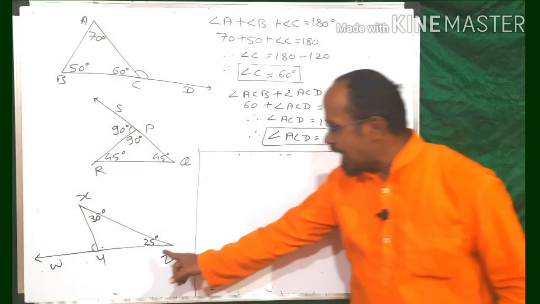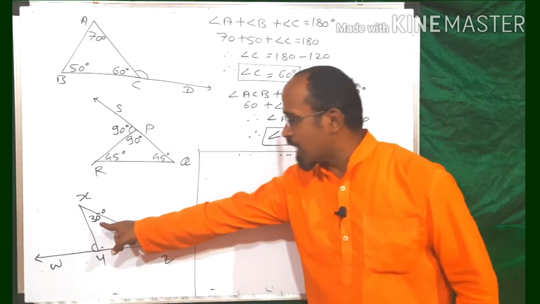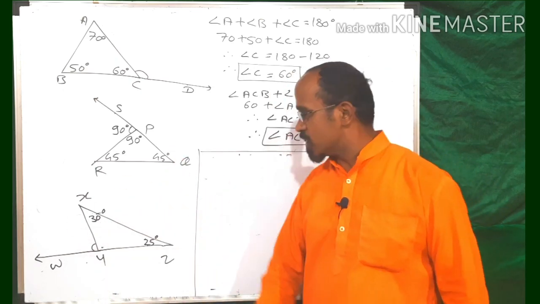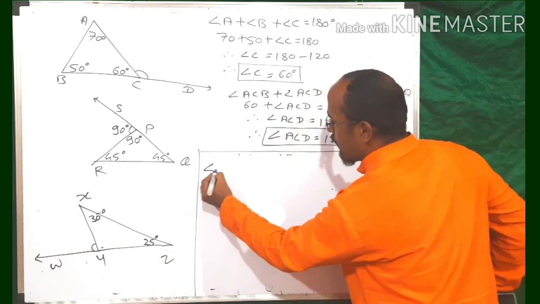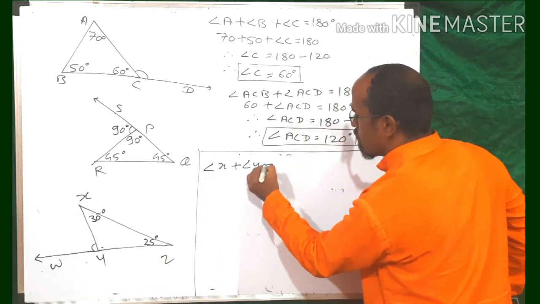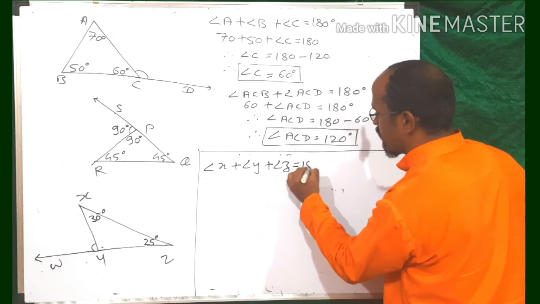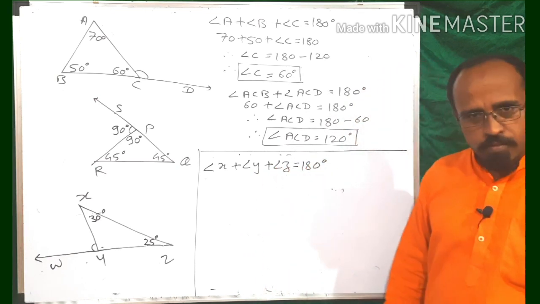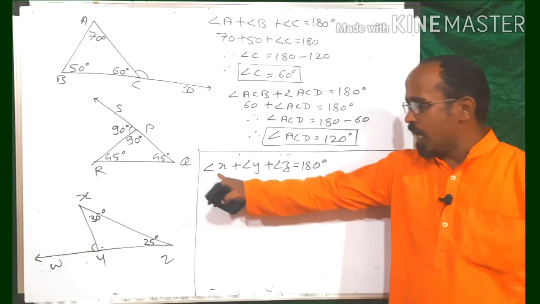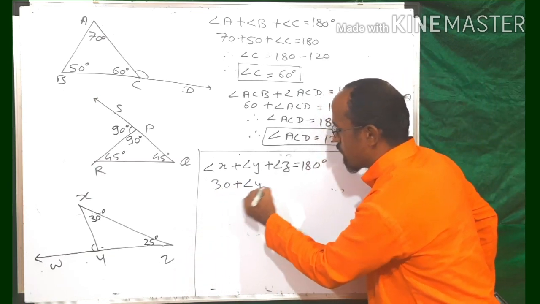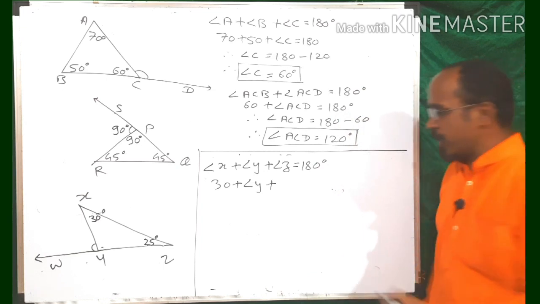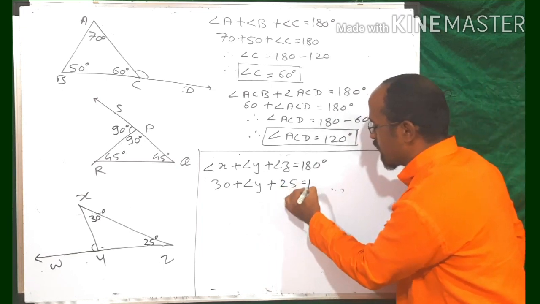Suppose angle Z is 25 degrees, angle X is 30 degrees. Then what will be the measurement of angle Y? Friends, angle X plus angle Y plus angle Z is equal to 180 degrees. Right? Replace the values in the equation. X 30 plus angle Y plus angle Z 25 is equal to 180 degrees.